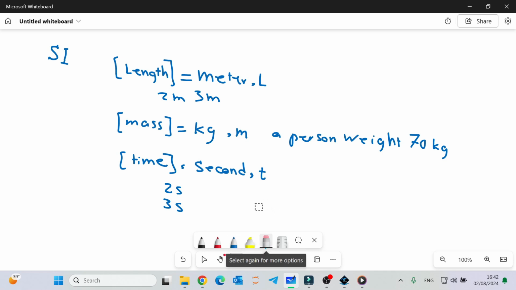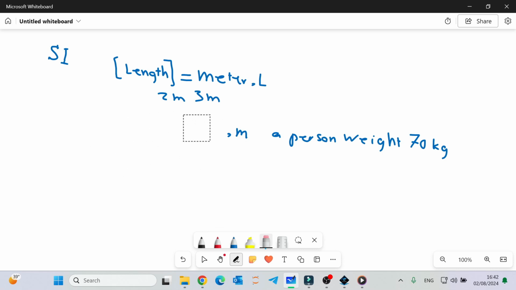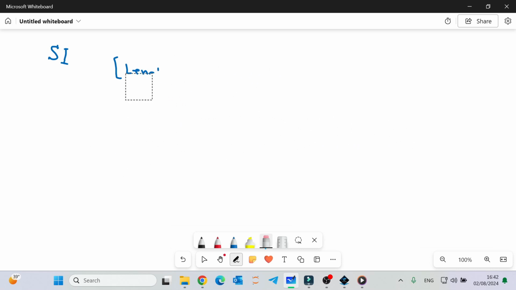Other thing that I'm going to talk about in this session is actually vectors and scalars. What is a vector? What is a scalar? Let me tell you about a scalar. A scalar actually is a quantity which has just a magnitude.